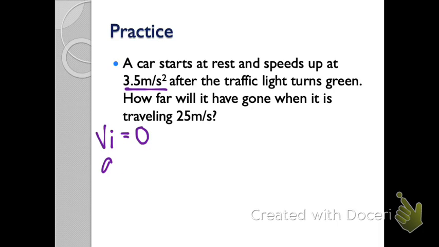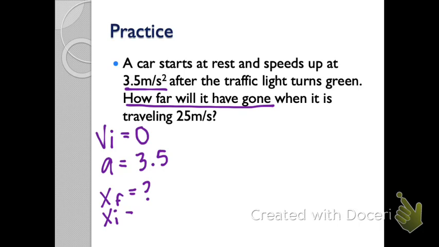This 3.5 value is acceleration. Good. How far will it have gone? That means I'm solving for X final. Good. My X initial, I'm going to always call 0 because I'm only looking at the start of the motion. My final velocity is 25. Right, positive 25. It's going forward.